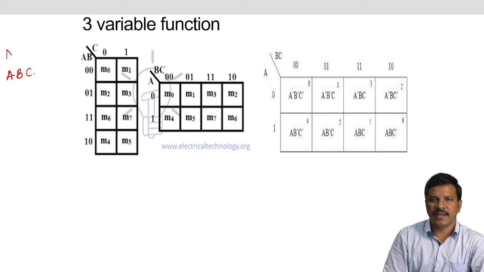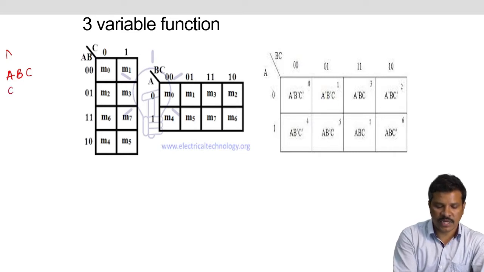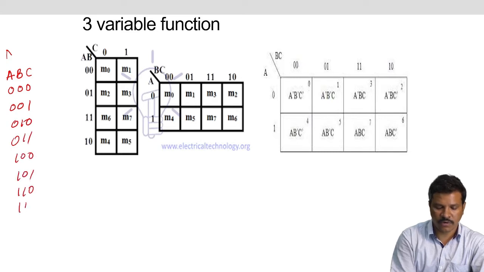When we have three variables, we will have a maximum of 2 power 3 possibilities, and 2 power 3 unique minterms. Those minterms are 0 0 0, 0 0 1, 0 1 0, 0 1 1, 1 0 0, 1 0 1, 1 1 0, 1 1 1.